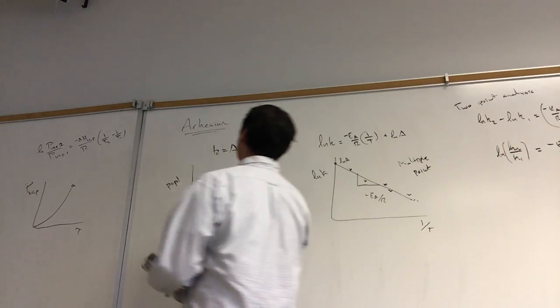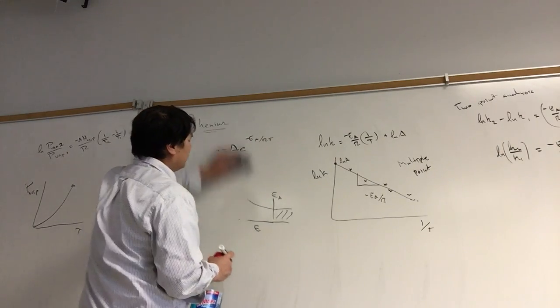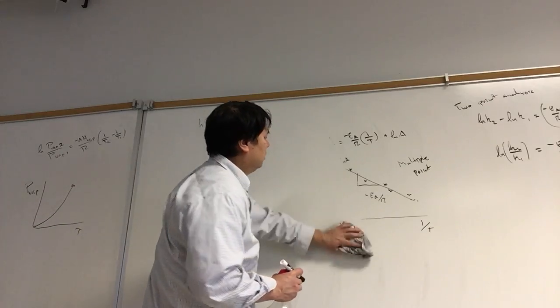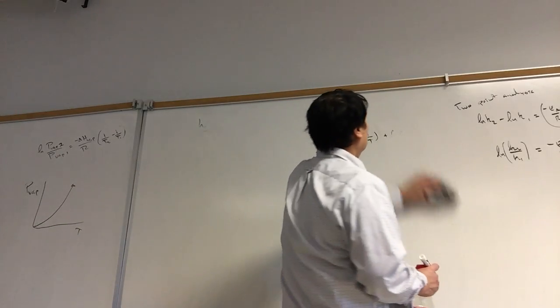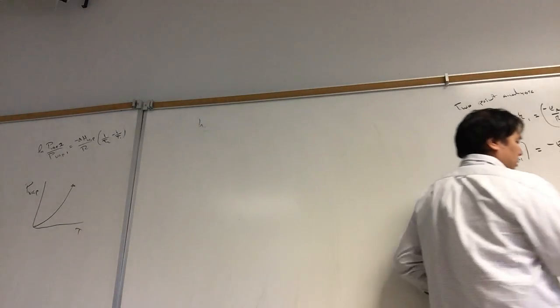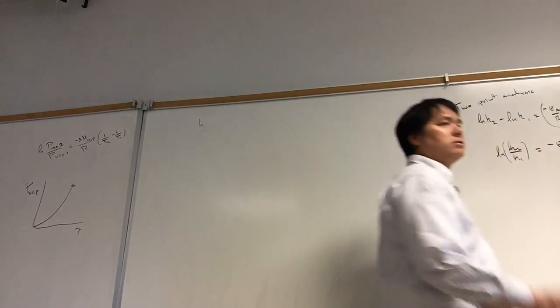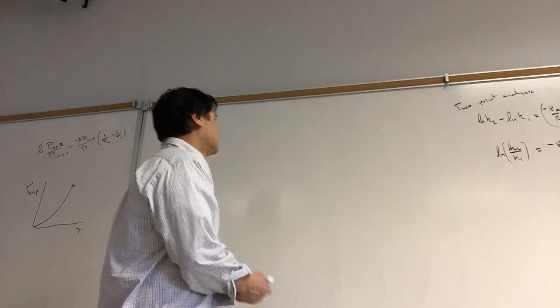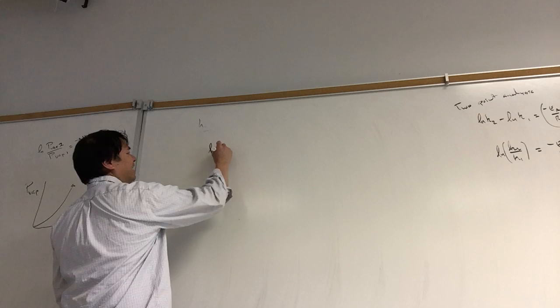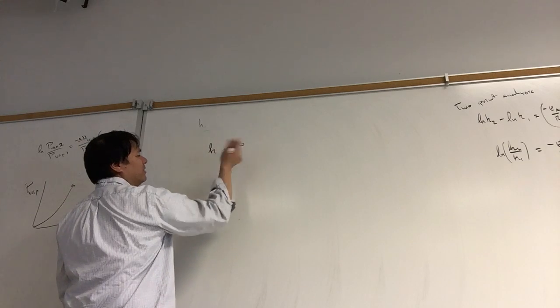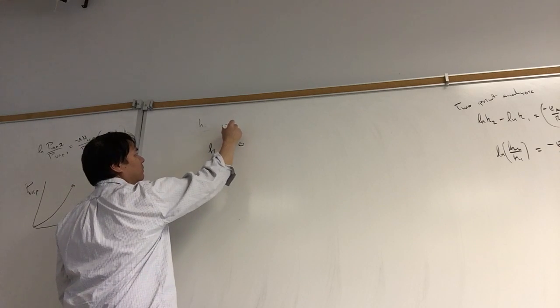Well, because the time is always inversely proportional to the rate. And so, all the other things being constant, you could just flip. For example, this is for first order only.